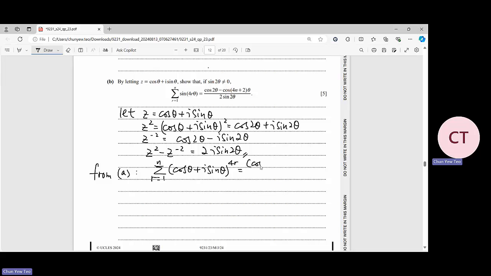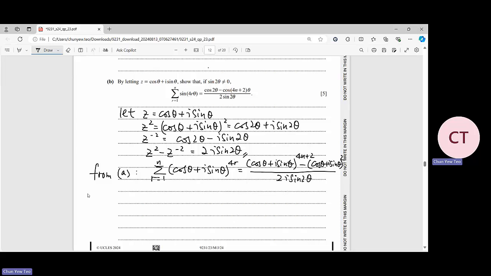So this one, it will be cos theta plus i sine theta to the power of 4n plus 2, minus cos theta plus i sine theta square, divided by 2i sine 2 theta. Okay, so this is what I have.